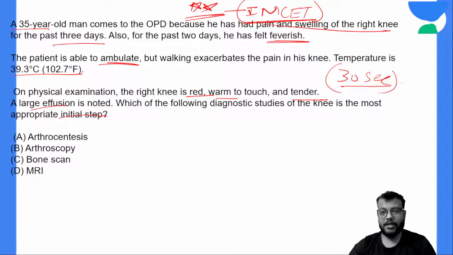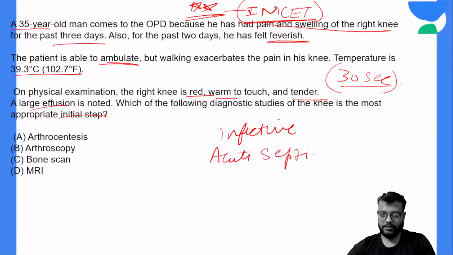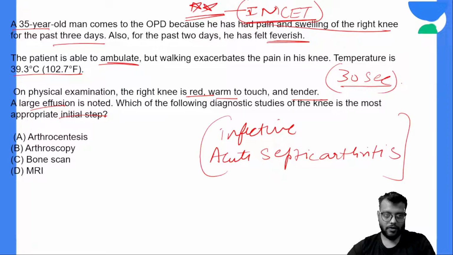Okay, so very easy. From the clinical history and case you can very easily diagnose at least this, that there is an infective pathology and it is acute septic arthritis. Now in acute septic arthritis you will not do arthroscopy, you will not do a bone scan.